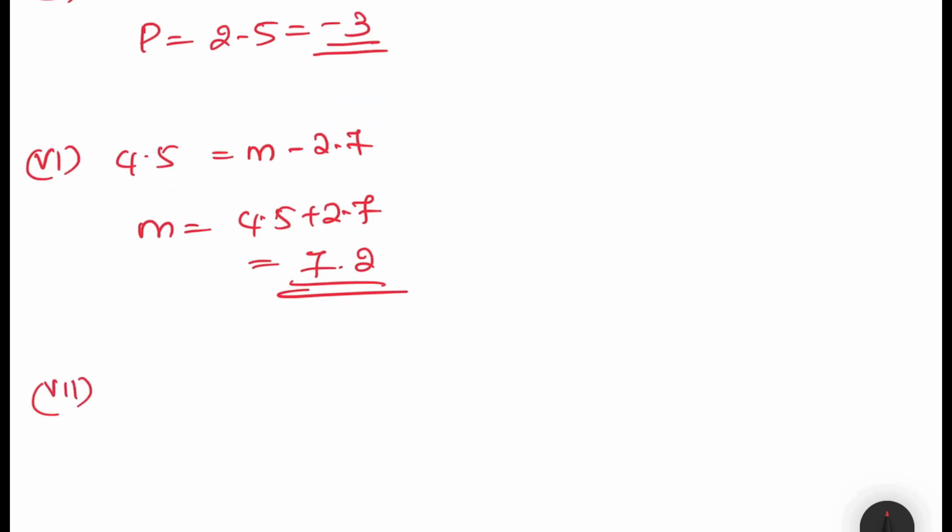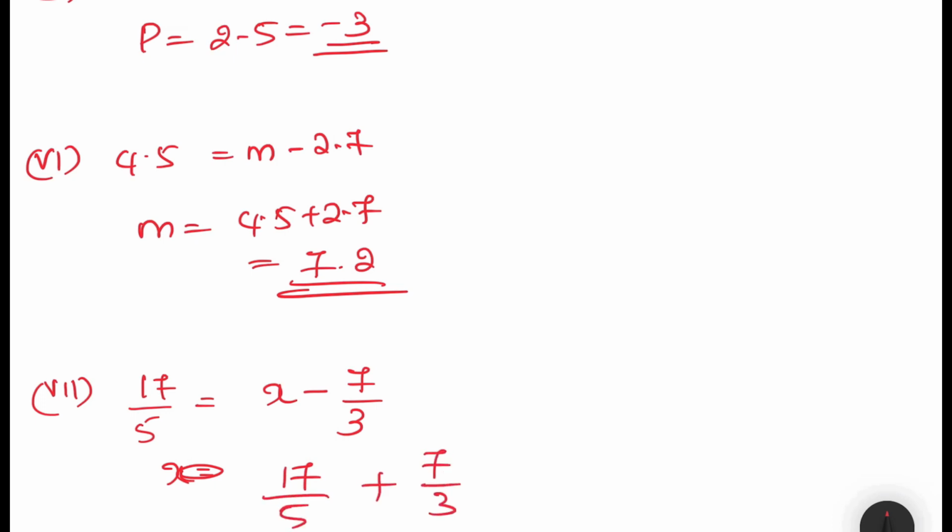Seventh one we have 3 2 by 5, that is 17 by 5, equal to x minus 2 into 3 is 6, 7 by 3. So x is equal to, or I can write 17 by 5 plus 7 by 3 equal to x, into 3 into 3 into 5 into 5.